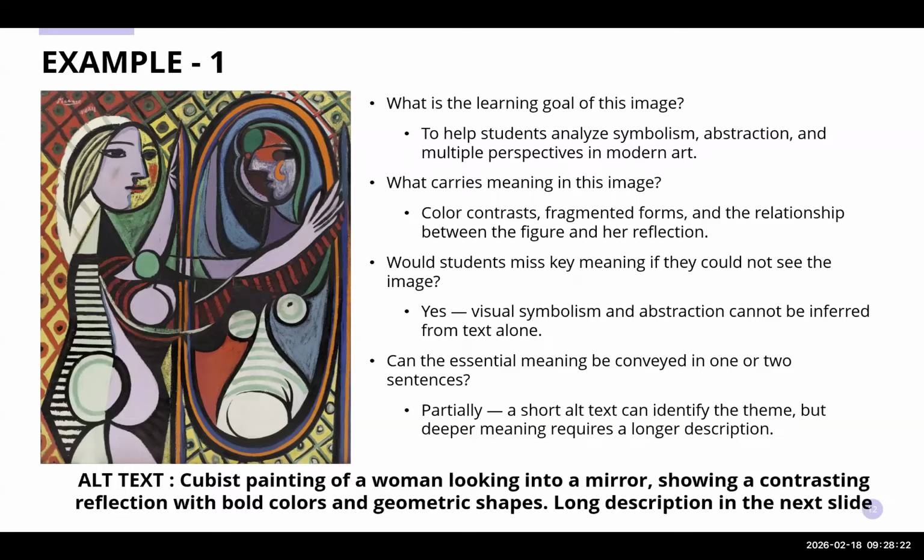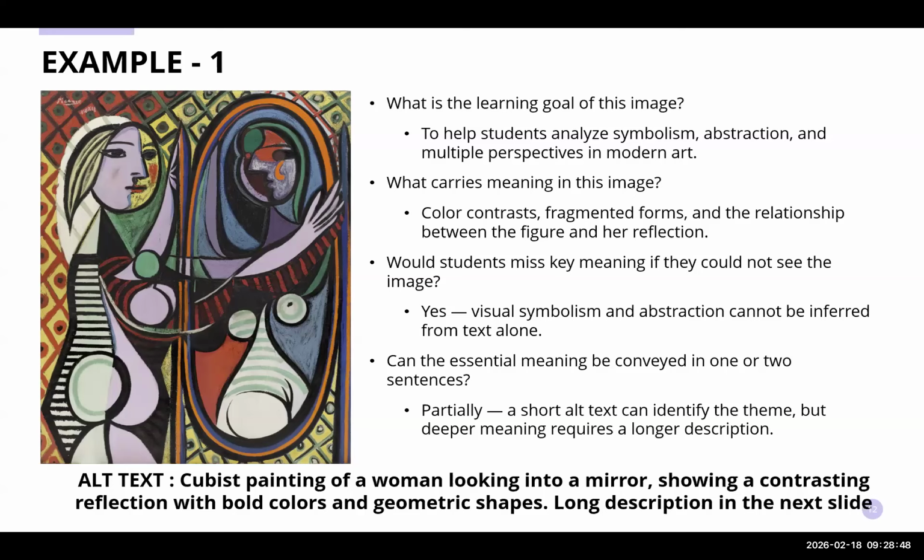Because this is such a complex piece of art, we have to decide if the short sentence is enough. In this case, definitely it is only a starting point. So for the short alternative text, you could say it is a cubist painting of a woman looking into a mirror, showing a contrasting reflection with bold colors and geometrical shapes.